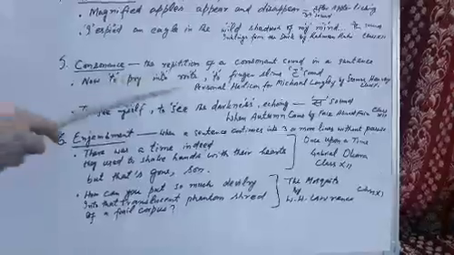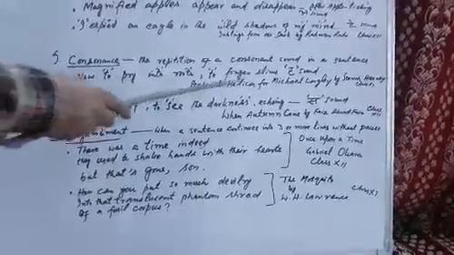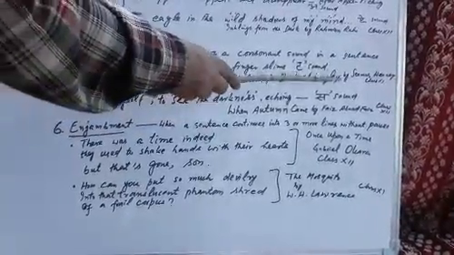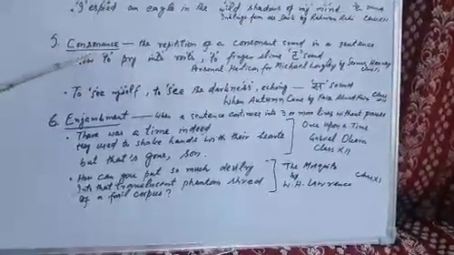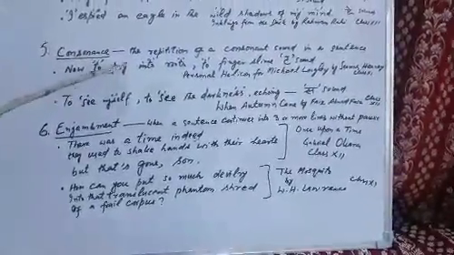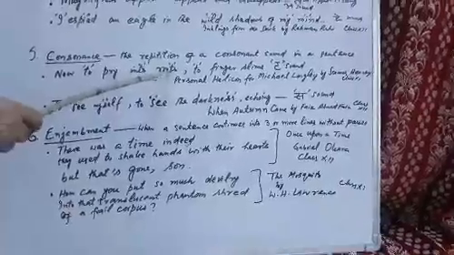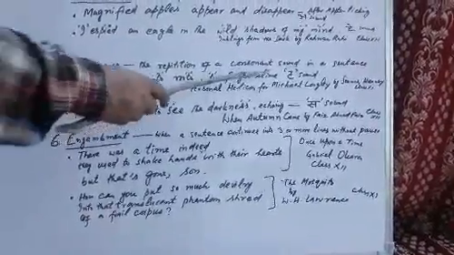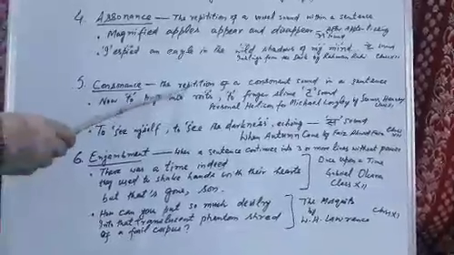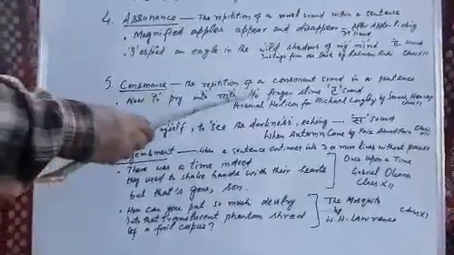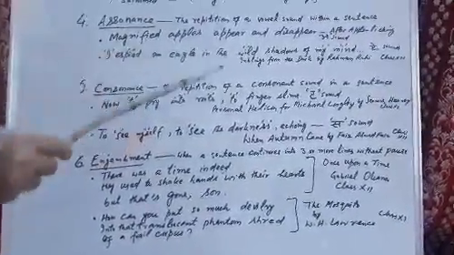Example, 11th class poem, Personal Helicon for Michael Longley by Seamus Heaney. There's a line: "Now to pry into roots, to finger slime, to sound." Into, sound, roots, sound, to sound.